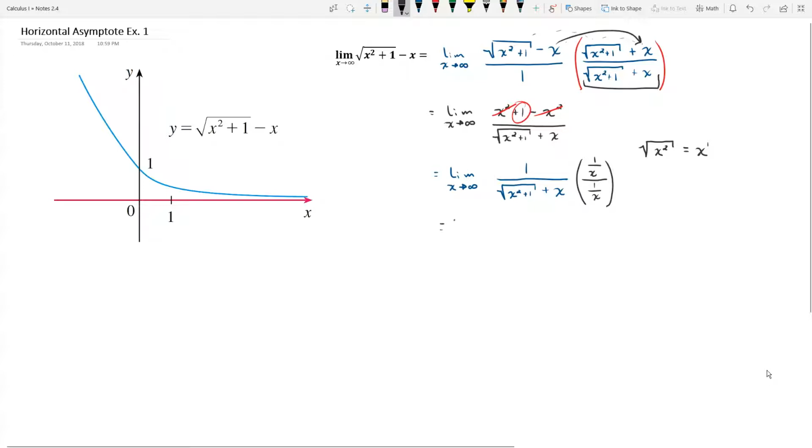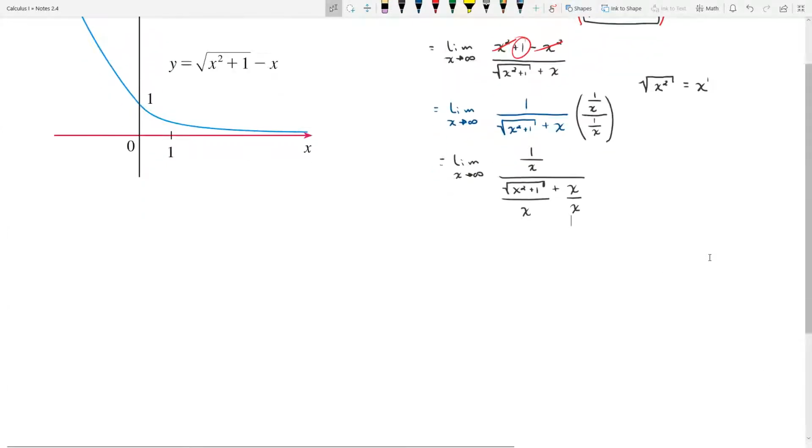And we end up with the limit as x approaches infinity is going to be 1 over x divided by the square root of x squared plus 1 plus x, and each of these are going to be divided by x, each term. Now let me make a little more room here.